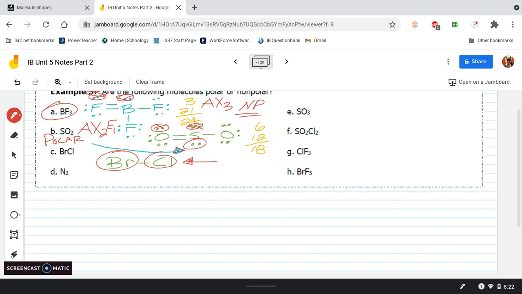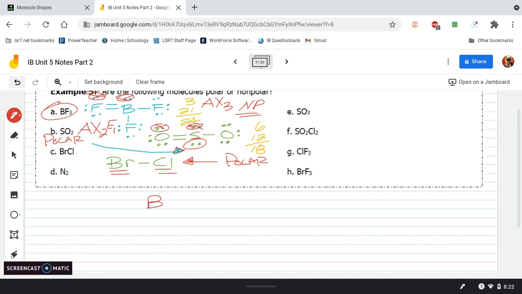So since they're not the same, it has to be polar. One of those ends has to win the tug of war. So this is a linear shape. It doesn't fit a lot of our plans because it doesn't really have a central atom. But right away, I can tell that this one is going to be polar. And that's because the ends are not the same. So either bromine or chlorine has to win the tug of war.